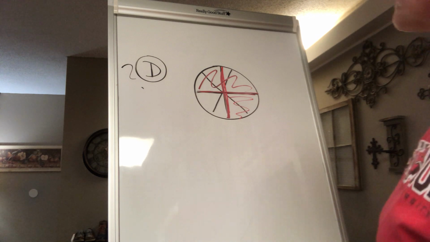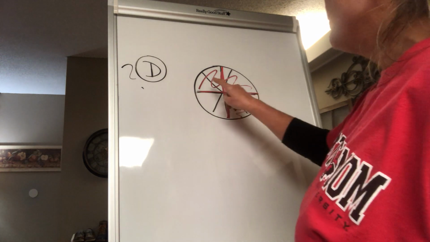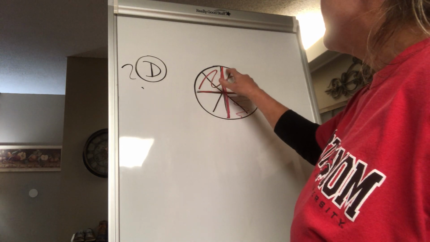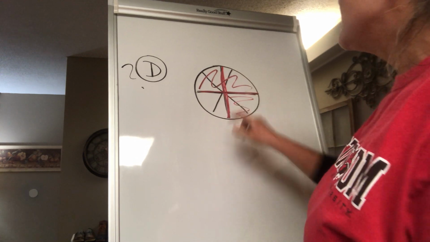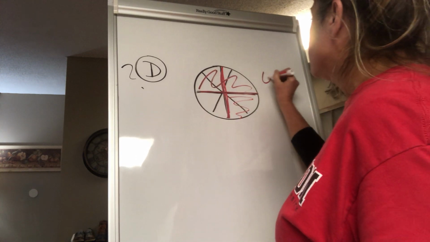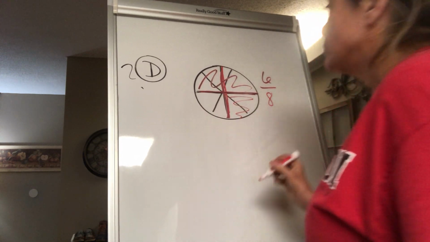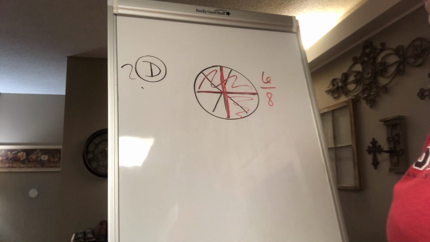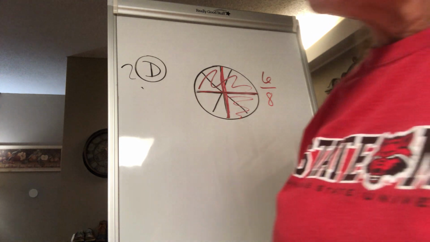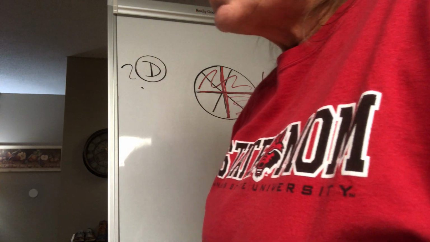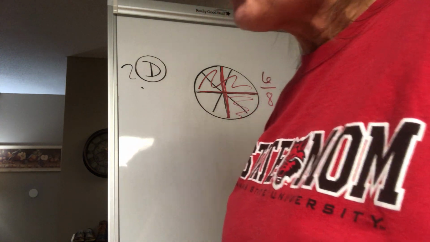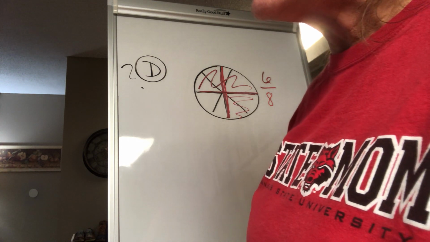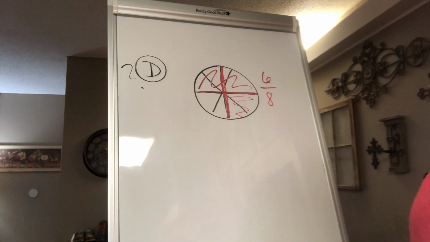Now, so that would be 1, 2, 3, 4, 5, 6 eighths are left right now. But then it tells me that Noah goes back and he eats one more slice of the original pizza.